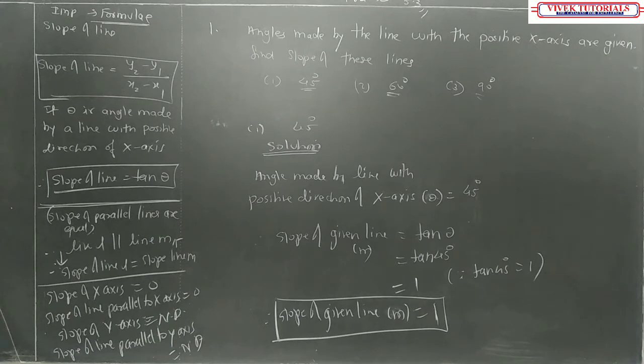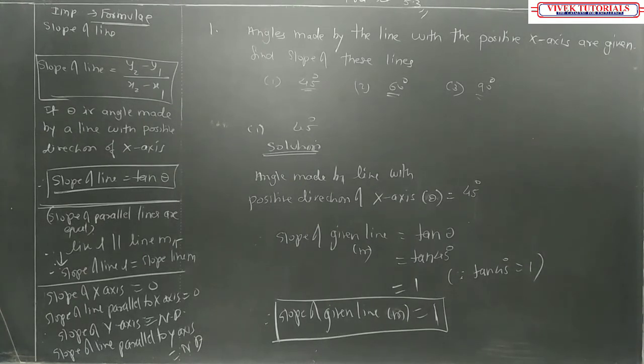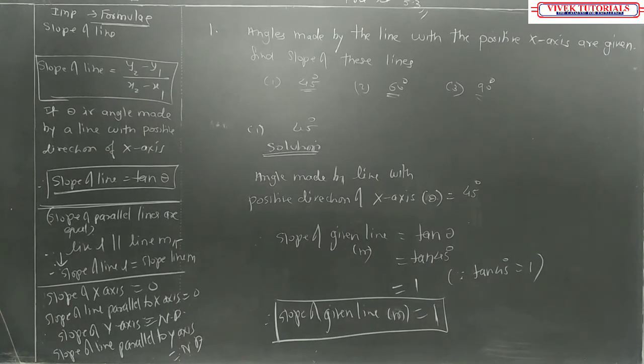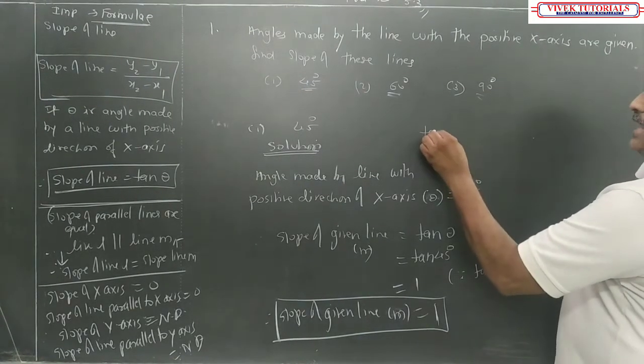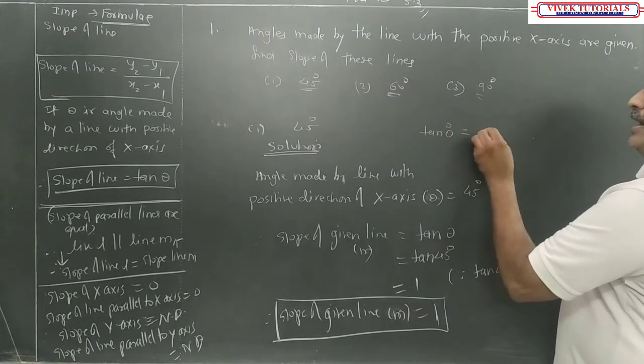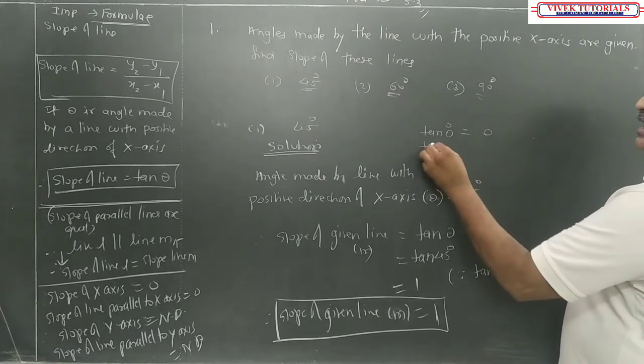But in this case you must know the values of tan, at least tan 30, tan 45, tan 60, tan 90, tan 0. Please remember them a little. And I think you know it. Tan 0 degree is equal to 0.